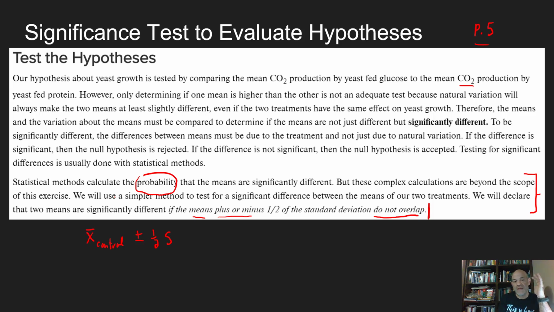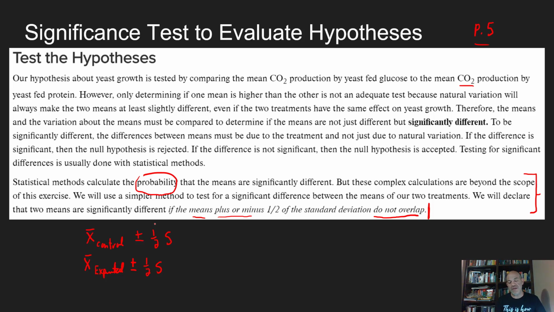You're going to also do that for your experimental group. The experimental group is going to have its own mean. You're going to add 1/2 and subtract 1/2 the standard deviation, and that's going to give you a high and low value. So in your high and low values, whether or not they overlap, if they don't overlap, then the means are significantly different.